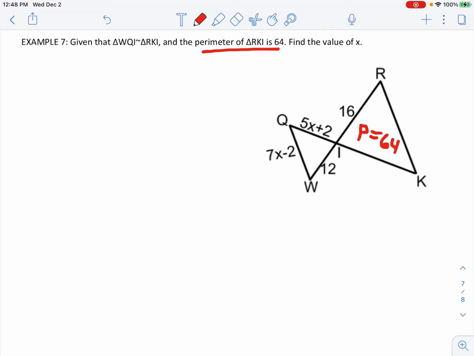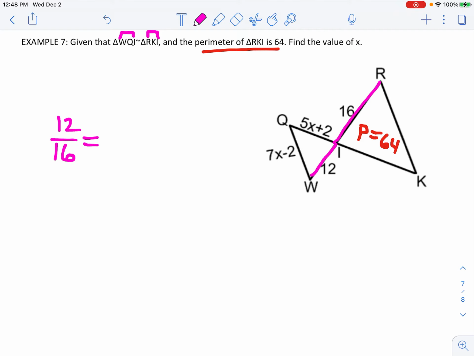All right, now I'm going to match a side with a side first. Now be very careful. I'm going to start on this left triangle. It has a 12 on the side. Notice 12 was WI, so that should go with RI. Well, RI on this triangle was 16, so I have 12 over 16 equals.